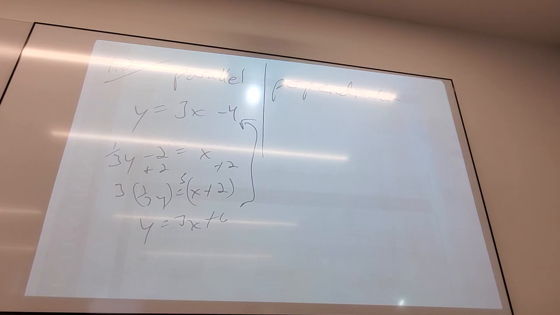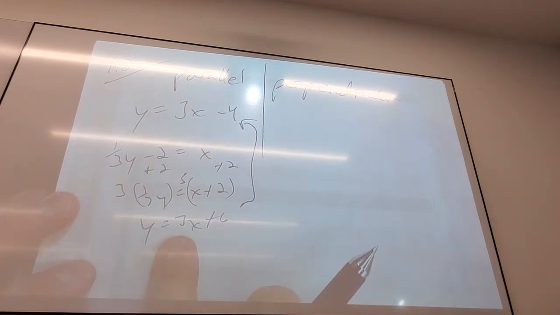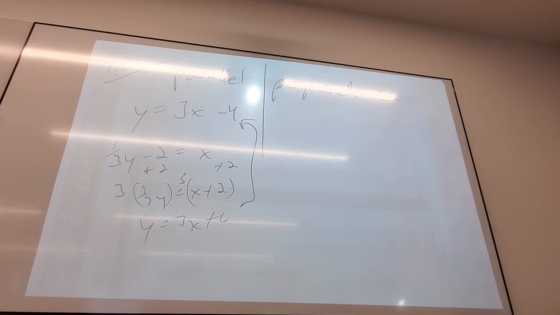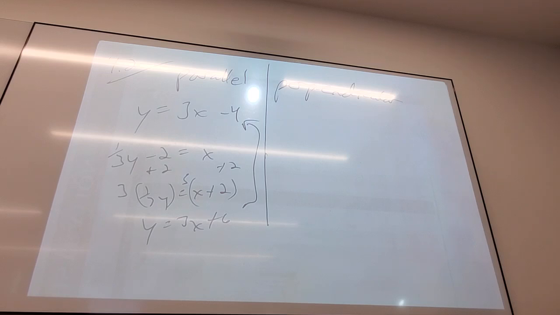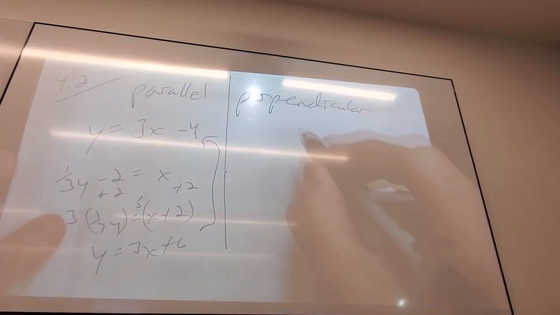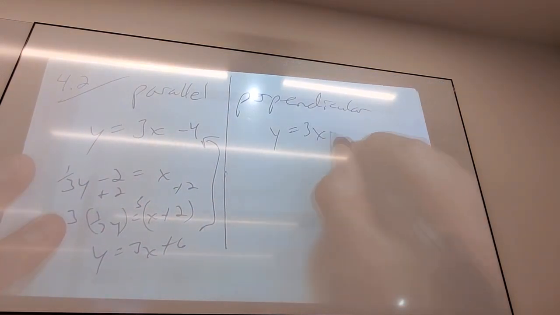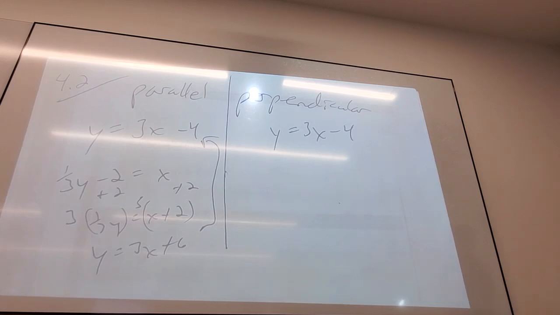So if they have the same slope and different y-intercepts, they never intersect. They're going at the same rate, so one's never going to catch the other one, or vice versa. So what should happen with perpendicular lines? They have to have slopes that are as different as possible.